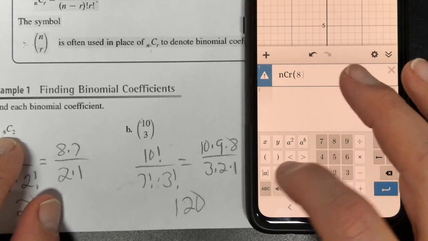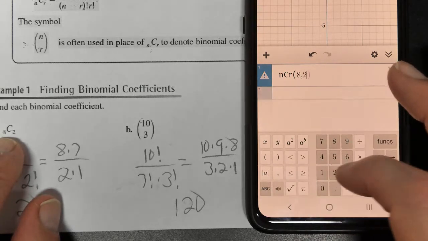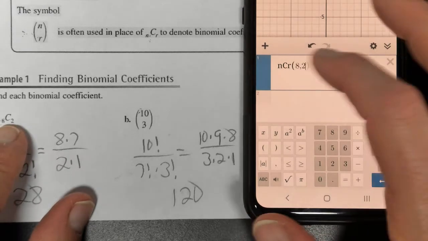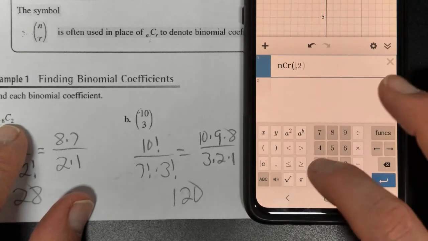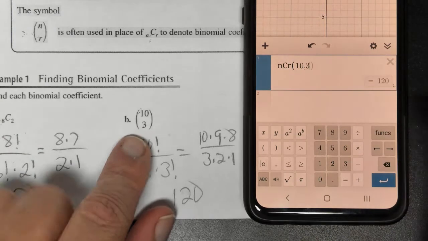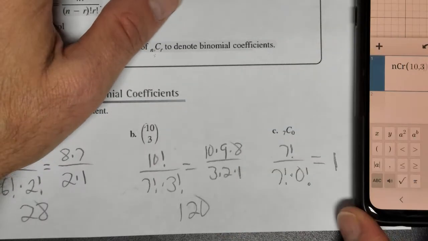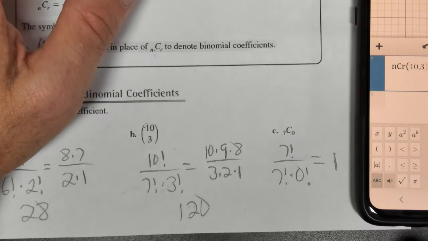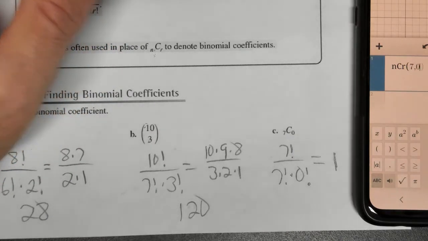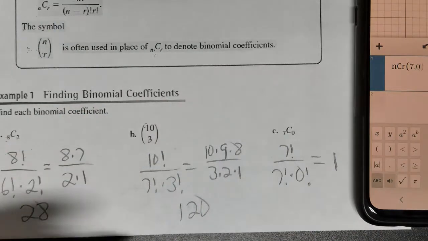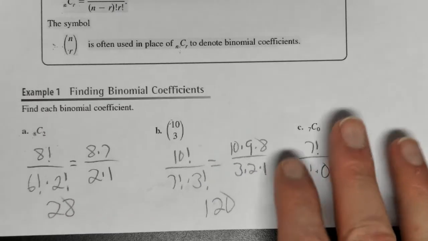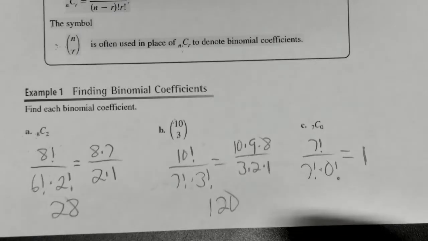Okay, you put the n number first, then you put 2, and then it gives you 28, which is what we got. If I change it over here to 10 and 3, same idea, we get 120. And then once again, if I go 7 and 0, it's the same idea, we get 1. All right? And so that's the quickest way that you can get the combinations.